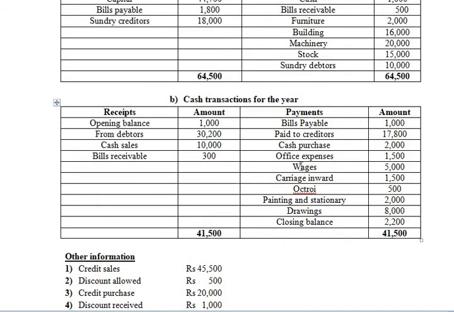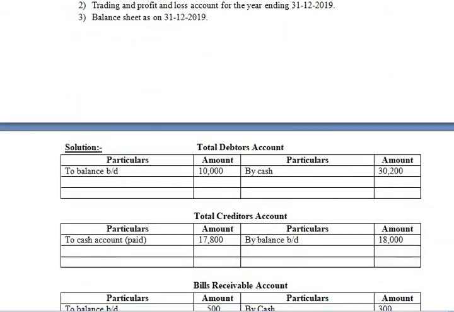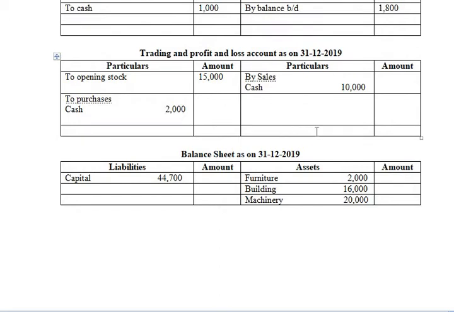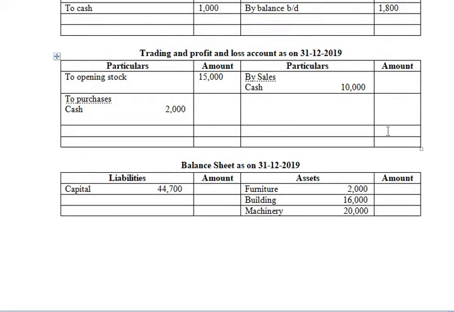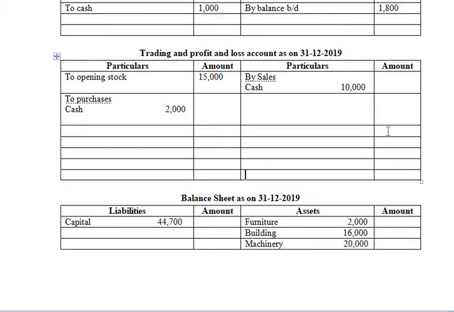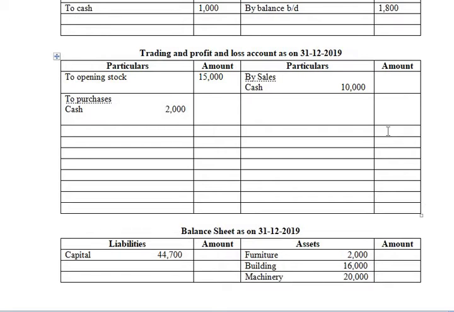Okay, next, after cash purchase, we have office expenses 1,500. Where will this particular entry come? It goes to the profit and loss account because that is an expense. So let's go to the profit and loss account. Leave a little space for the transactions relating to the trading account, and then let's take the office expenses.